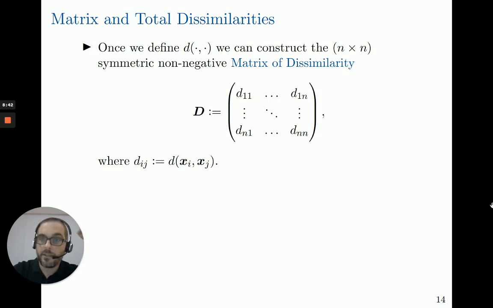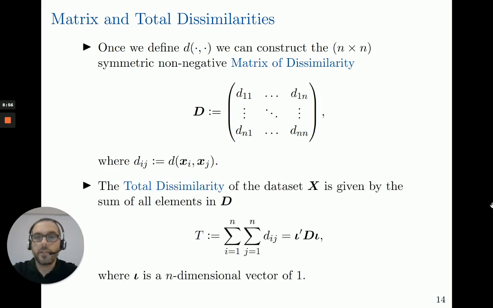Note that x is a vector here because it belongs to the whole attribute set. So this is the d function: the weighted sum of the rho, the feature-specific dissimilarity measure. And the total dissimilarity for a data set is the sum over the dij's.